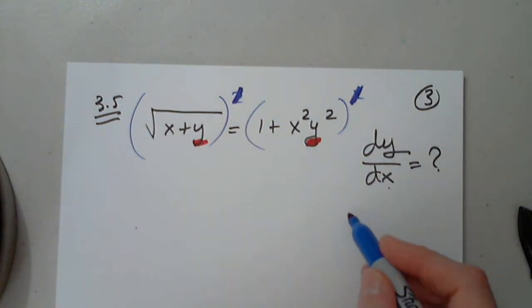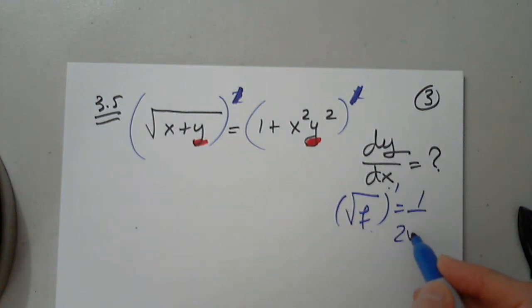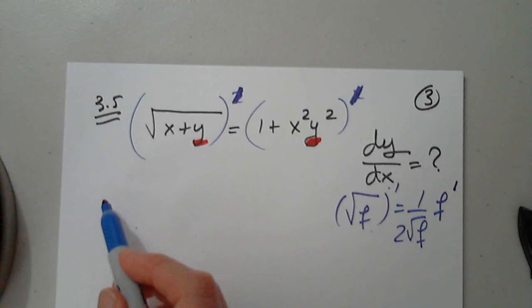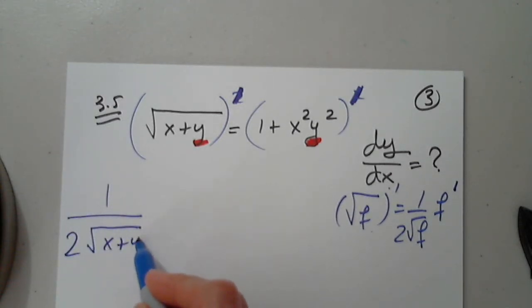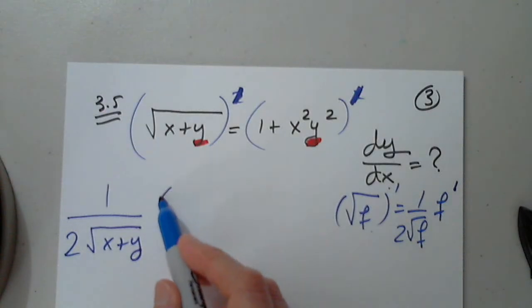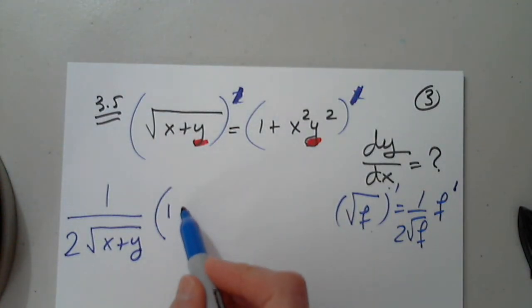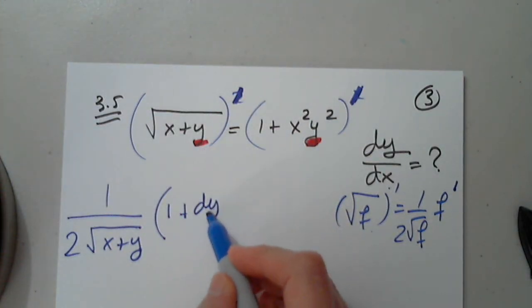And remember the rule: the derivative of the square root of a function is 1 over 2 times the square root of the function, times the function prime. So 1 over 2 the square root of x plus y, times, in parentheses, the derivative of x is 1, but the derivative of y is dy over dx.